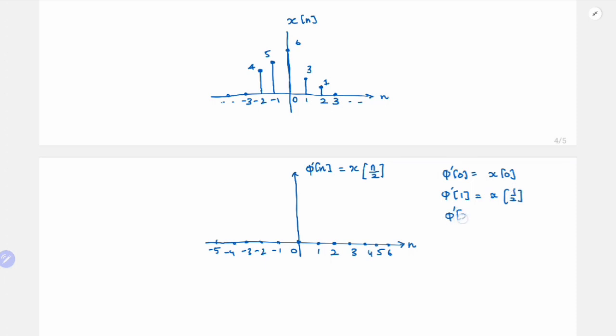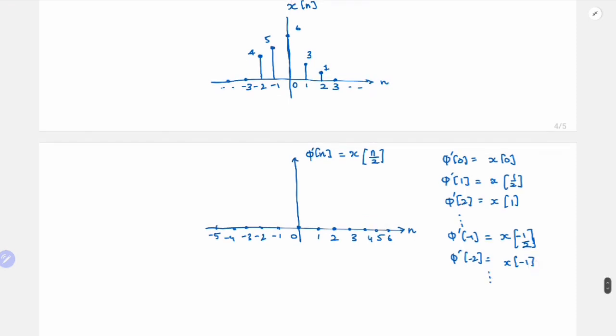My phi dash of 2 is x of 1 and so on. My phi dash of minus 1 is x of minus 1 by 2. My phi dash of minus 2 is x of minus 1 and so on. So these values I know, so I'll just put those down first.